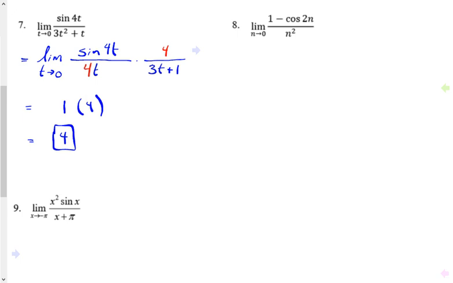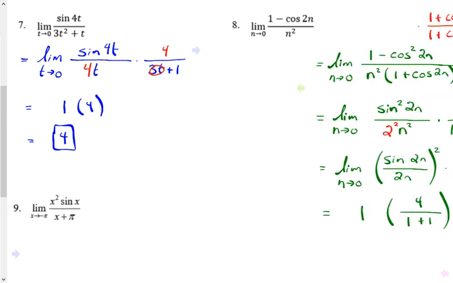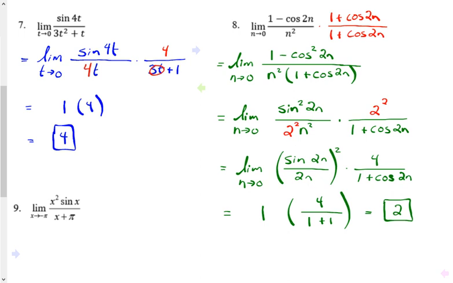And as t goes to 0, this whole thing goes to 0, so I get 4 over 1, which is just 4. And then question 8 is similar to one of the examples we did where we'll multiply by the conjugate. And I end up with a limit that's equal to 2.